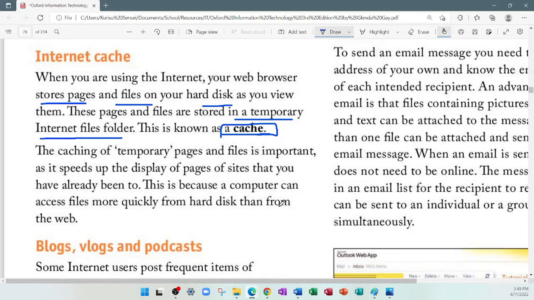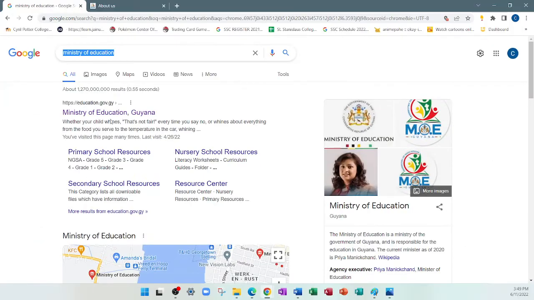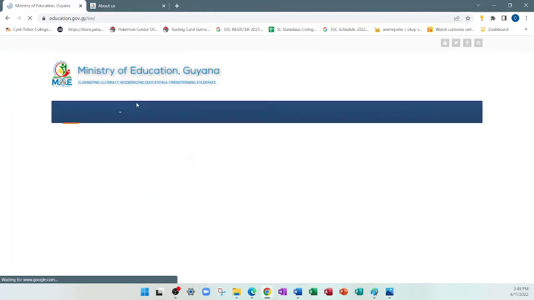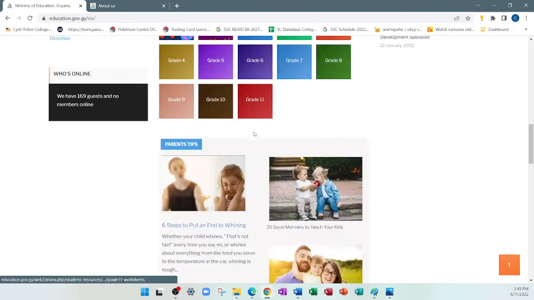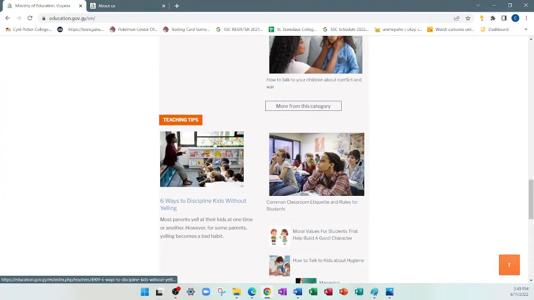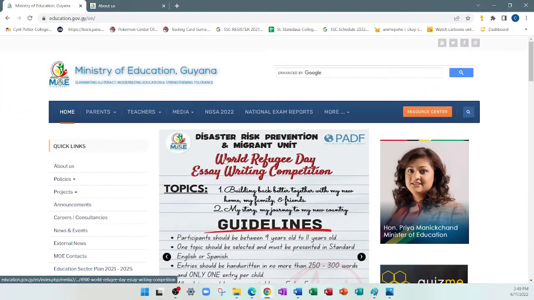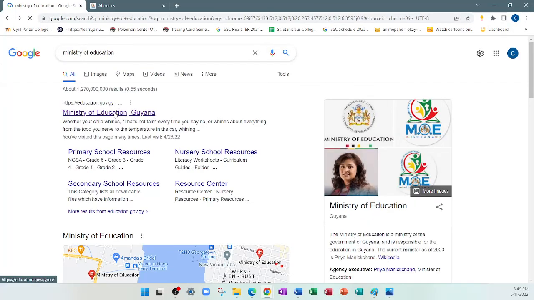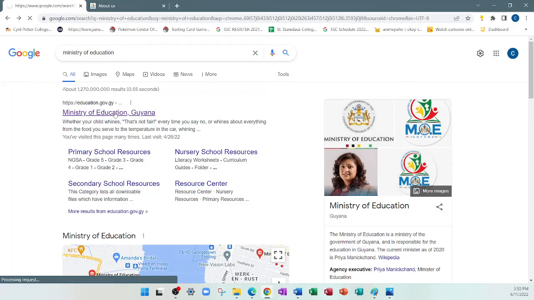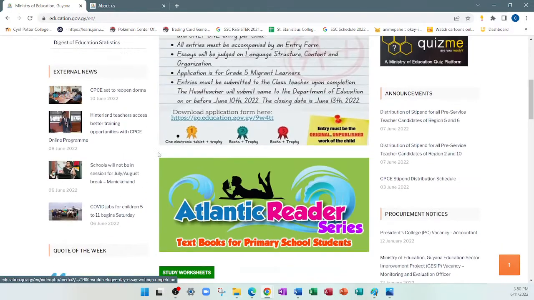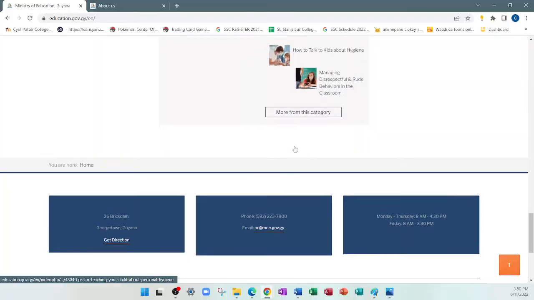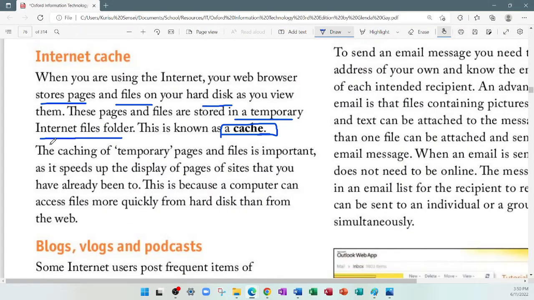It already downloaded all of the images. For example, whenever I go to ministry's website, it has to download all of these images and videos and all of these texts and everything that you see in here onto my computer. So that way, whenever I go back onto the website, it's supposed to load slightly faster, whereby I shouldn't see the images and the information loading. They're already loaded because I already downloaded them.